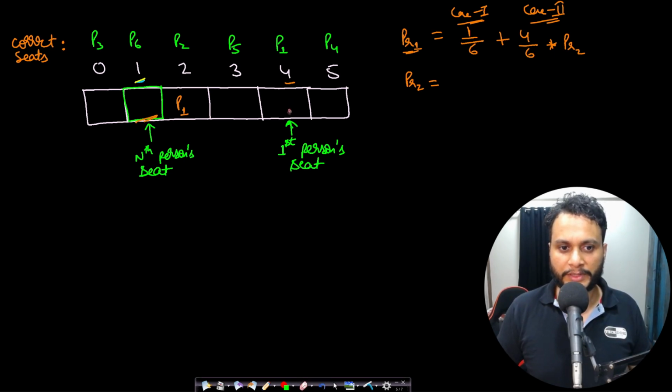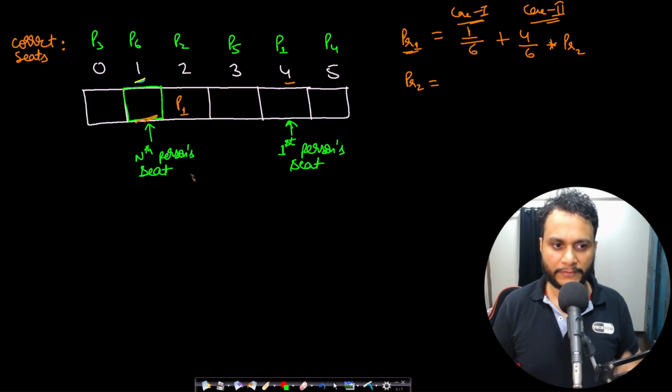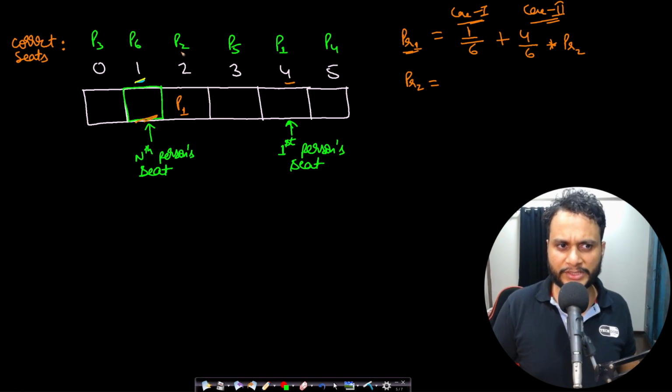So if we need to guarantee this, then what is the chance that P2 gets P1's space here? It will be equal to 1 by how many seats are available? There are 5 seats available because P1 has already occupied seat number 2.